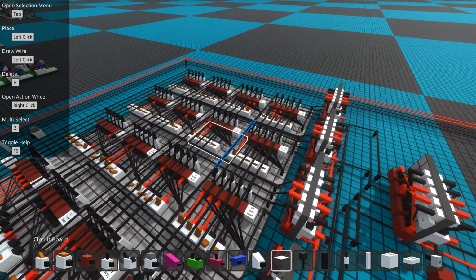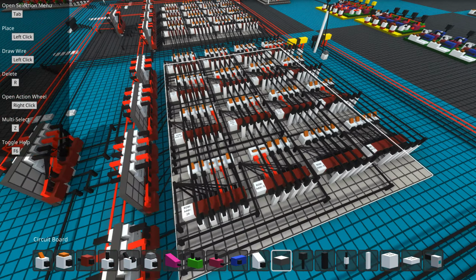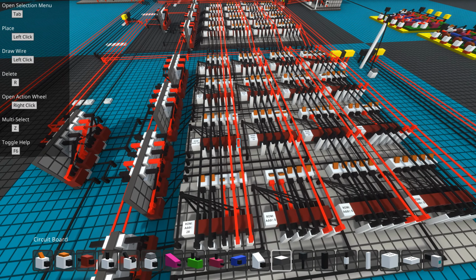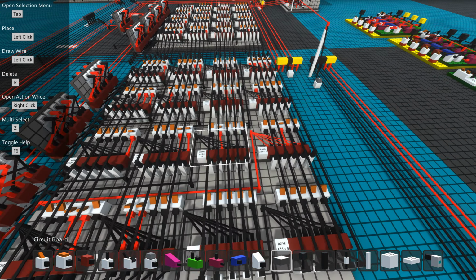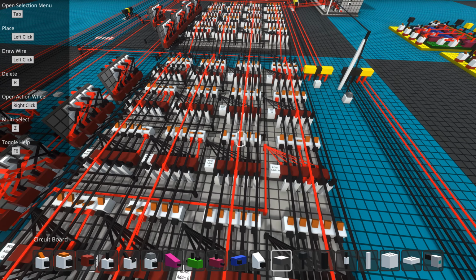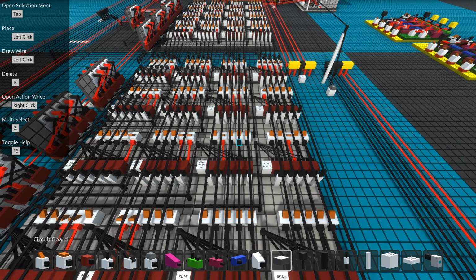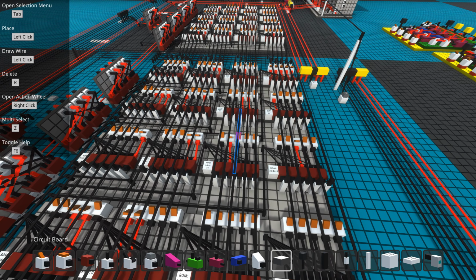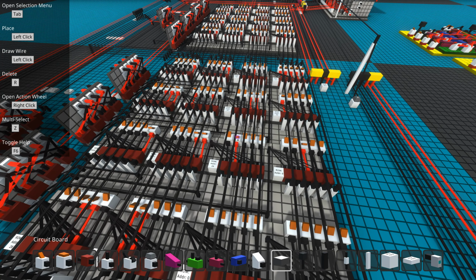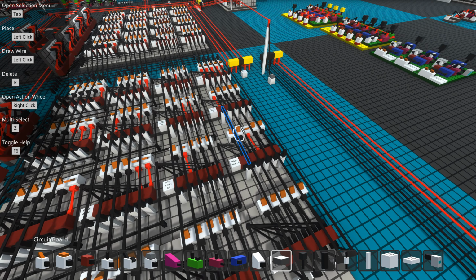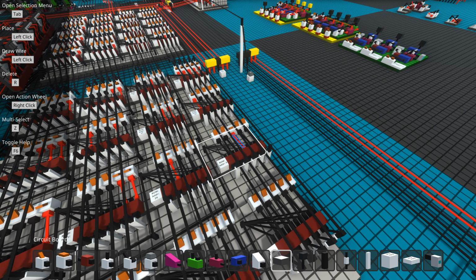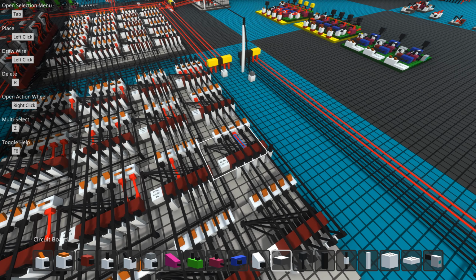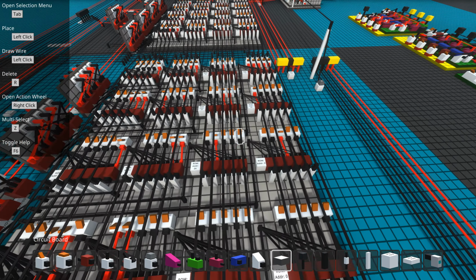Here's my ROM. I will point the cursor right here at the switches setting the instruction. So this instruction 8 says multiply whatever's in the accumulator by this value here, and that value happens to be 4.